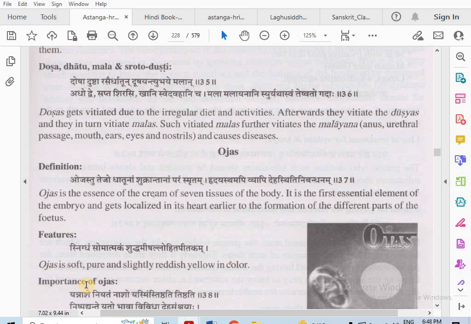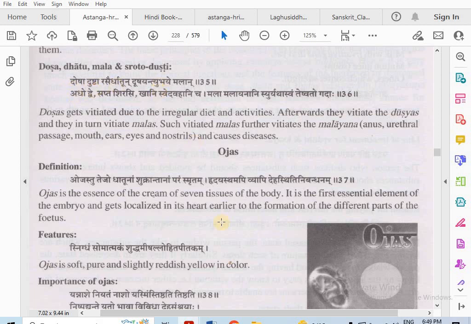Here we were discussing the doshas that get vitiated due to irregular diet and activities, and then these vitiated doshas spoil or vitiate dhatu. Dushayanti means vitiate or spoil the dhatus, and then these dhatu and this dosha both.